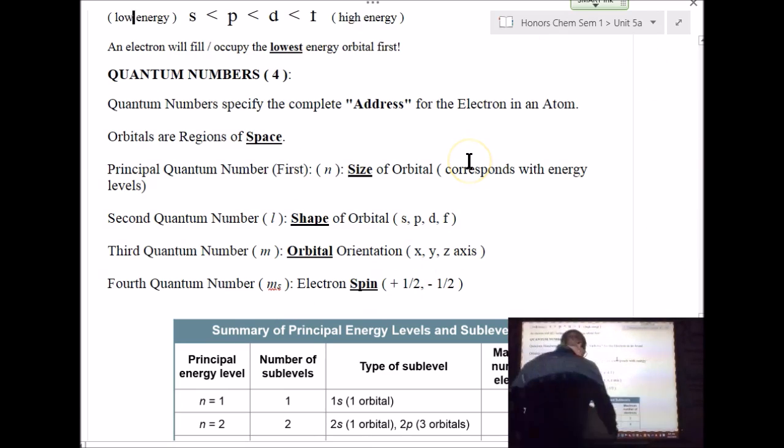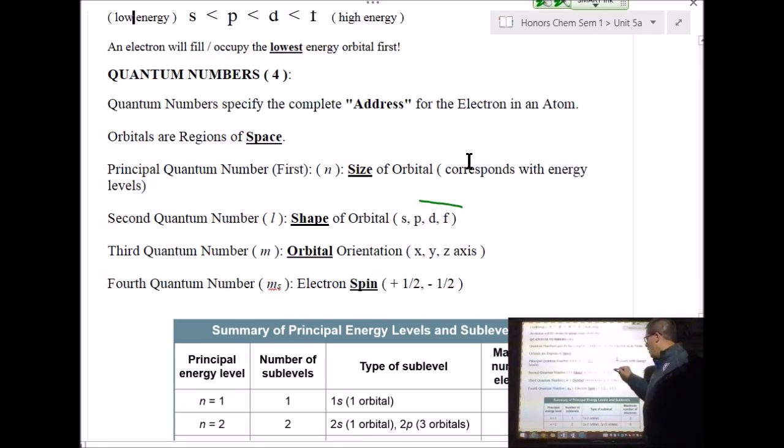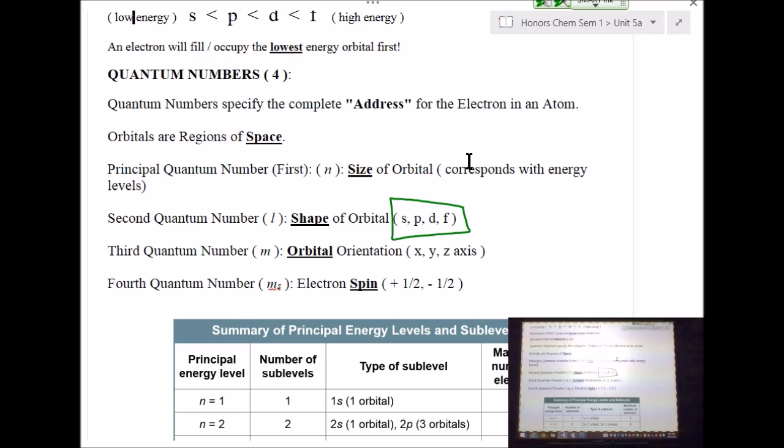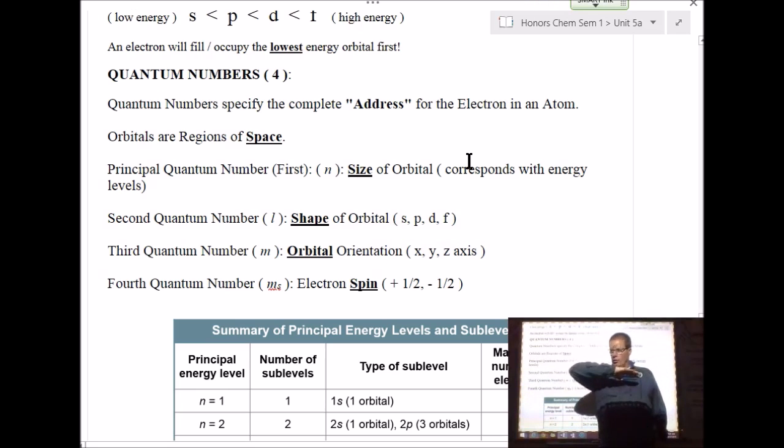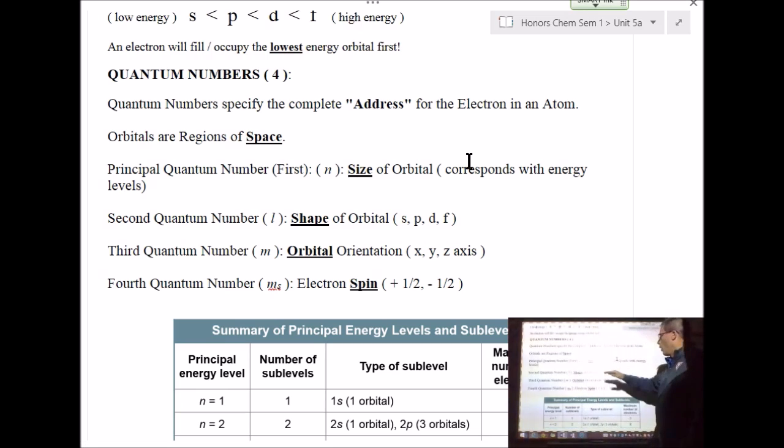Again, the shapes that we care about are S, P, D, and F. Those are the only shapes that we care about. And then the third one deals with orientation. Whether you're on the x-axis, the y-axis, the z-axis, the orientation is different. And then the last one deals with spin. And I have 2 electrons here.